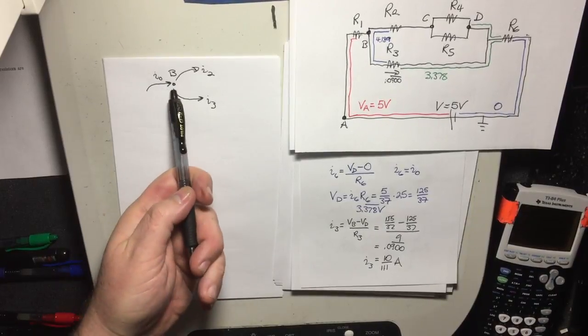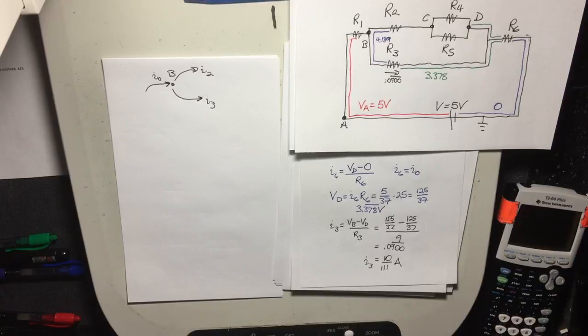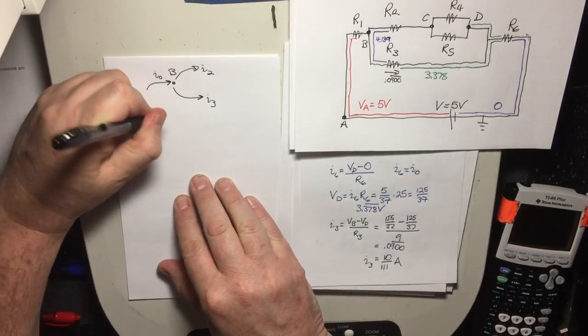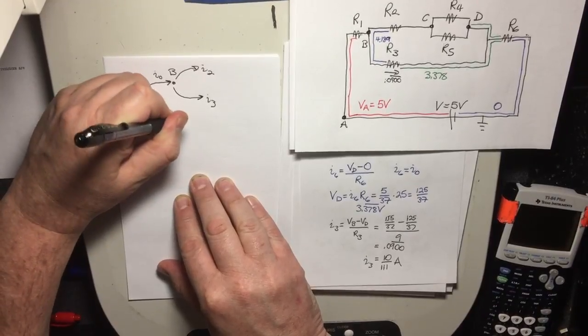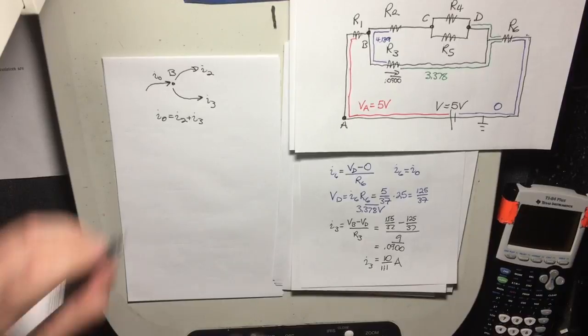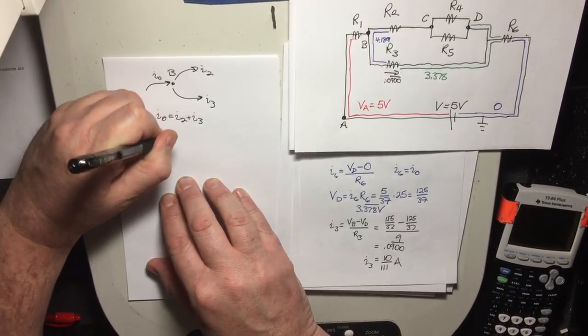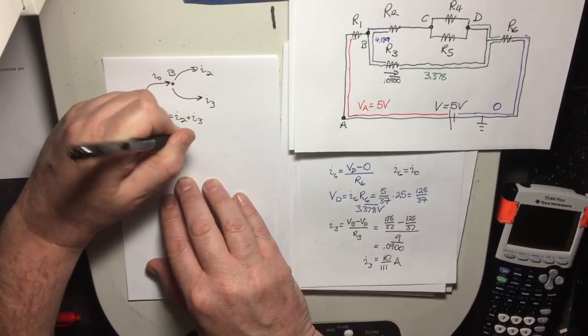So the current flowing into B is equal to the sum of the currents flowing out, like a stream forking. I0 is equal to I2 plus I3, or I2 is equal to I0 minus I3.